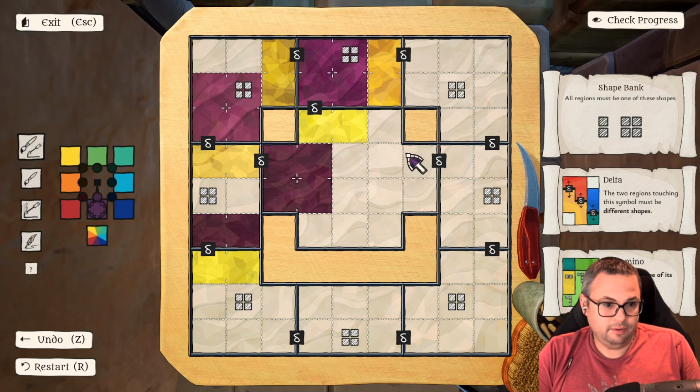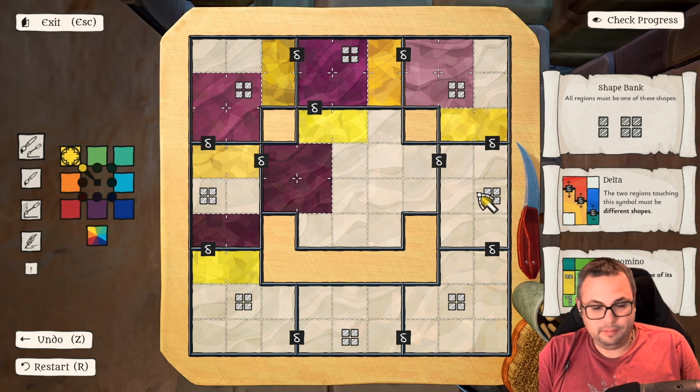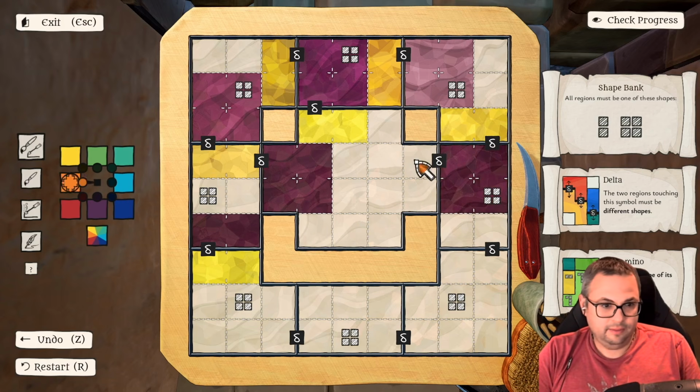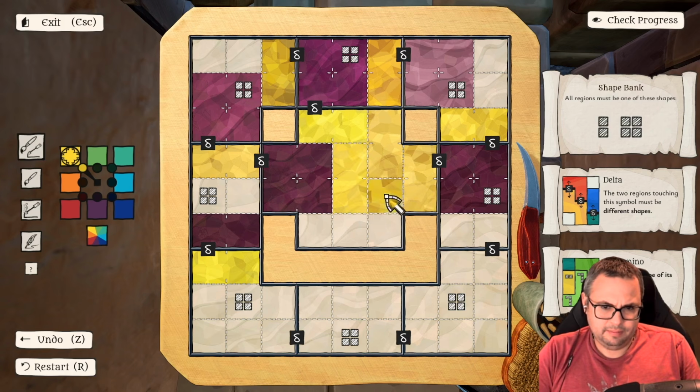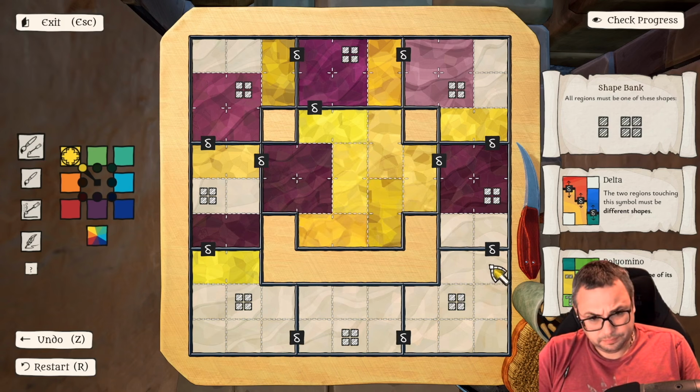This is a domino. This is a square. This is a domino. This is a square. This is a domino. So that's a domino. That's a domino. That's a domino. That's a domino. That's a domino.